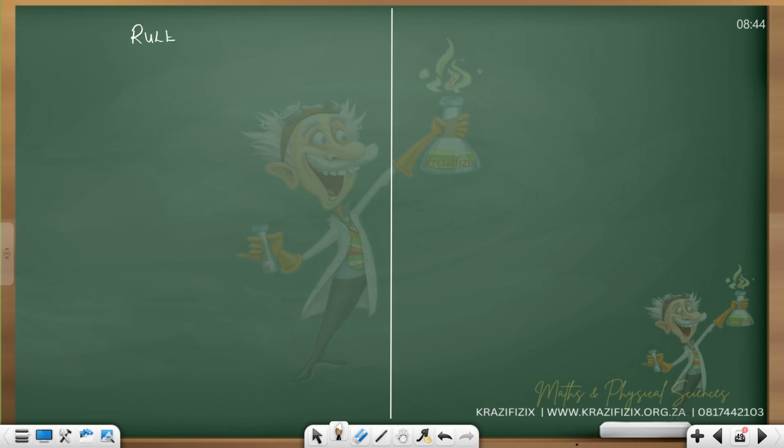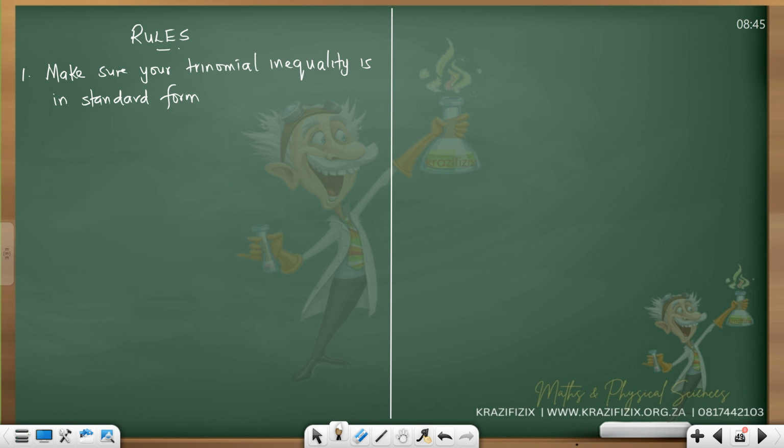Rules. The first thing that I want us to realize, number one, make sure your inequality is in standard form. I want to call this a trinomial inequality. And what do I mean by saying in standard form?